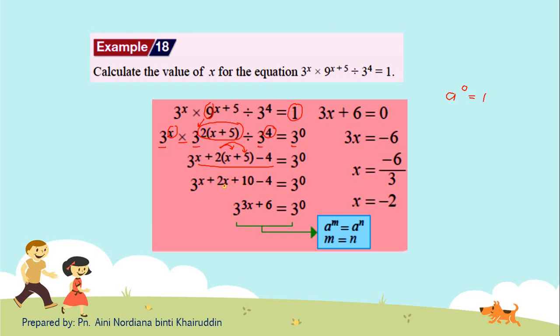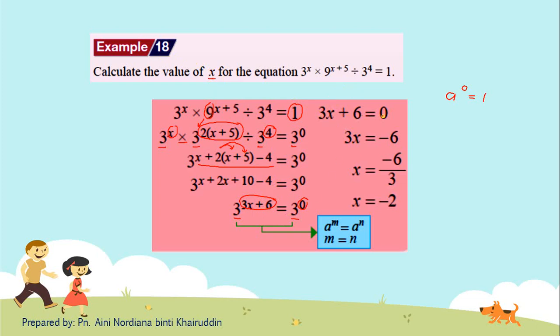So x plus 2x is 3x, and plus 5 minus 4 is plus 6. Since the bases are equal, of course the index must be equal. So you can ignore the base, you just write the power because the question asks you to calculate the value of x.